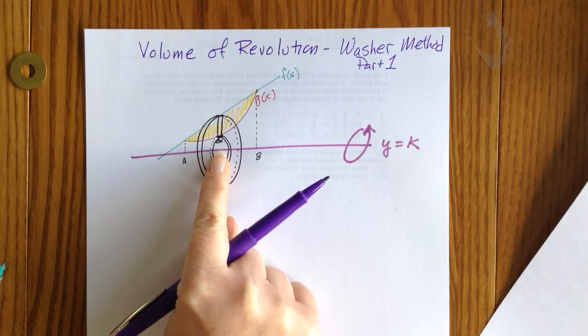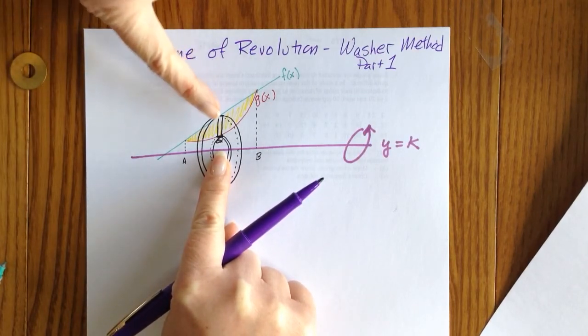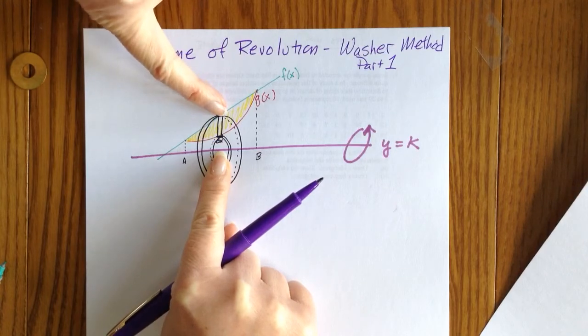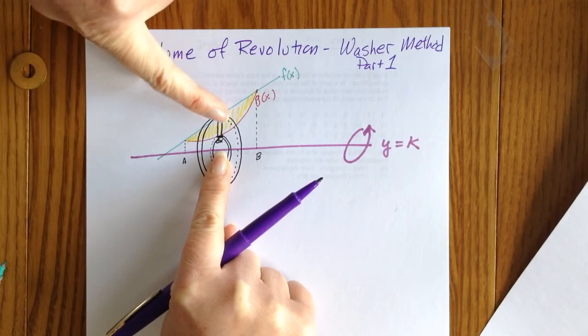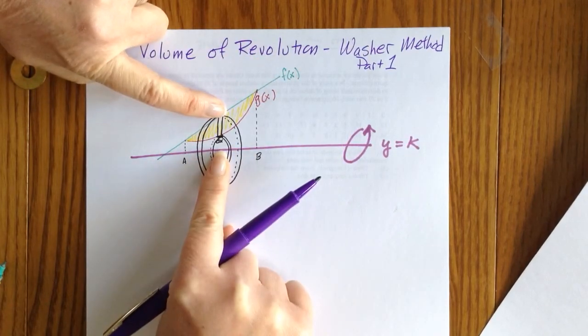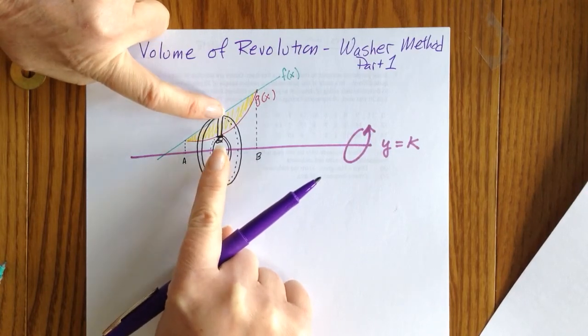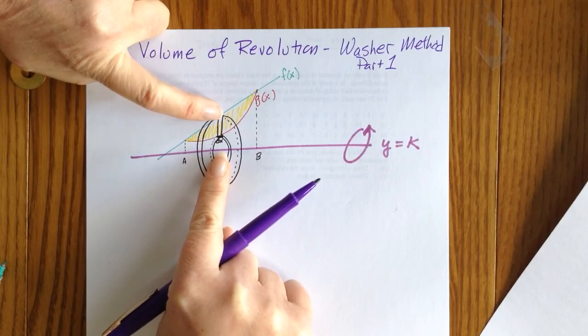Put one finger on the axis of revolution. Put your other finger on your rectangle as far away as you can go. Your top finger is sitting on something. Your bottom finger is sitting on something. If you do top minus bottom, you will get your outer radius.